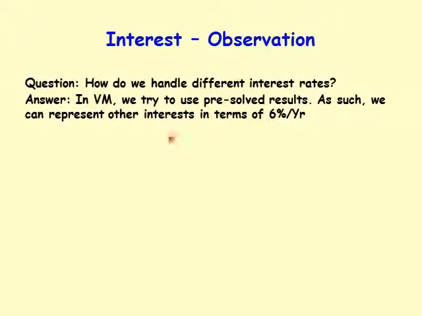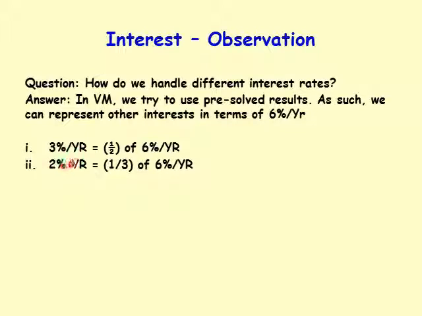So if the interest rate is not 6% per year, let me show you how we do that and give some examples. 3% per year would be half of the 6% rate, and 2% per year would be 1/3 of the 6% per year rate. 1% per year would be 1/6, so we compute at 6% per year, then we divide by 6.